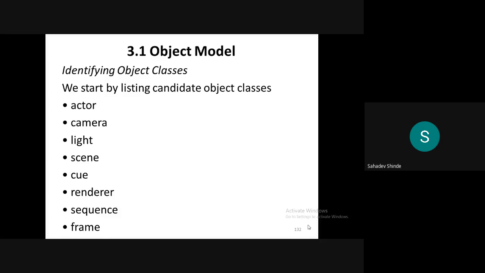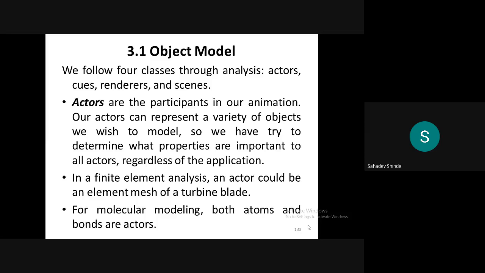So identifying the object classes, we start by listing candidate object classes. First one is the actor, again the camera, light, again the scene, cue, renderer, again the sequence, again a frame. Okay, these are some object classes.